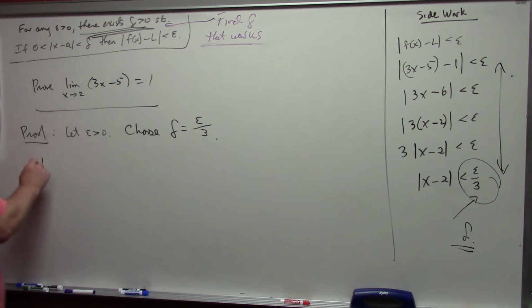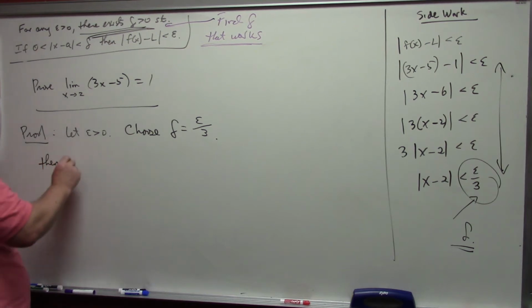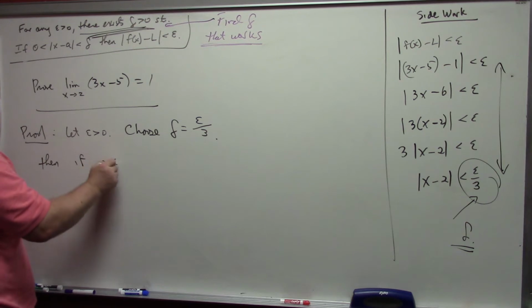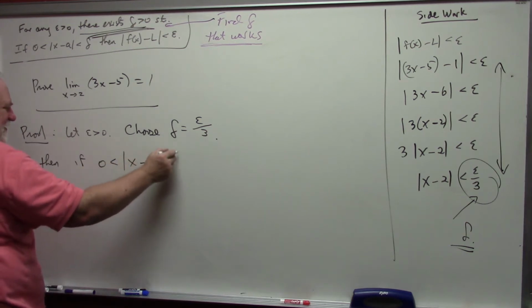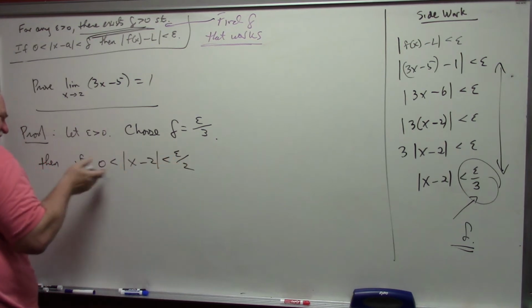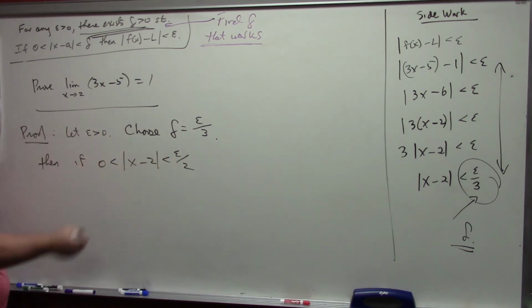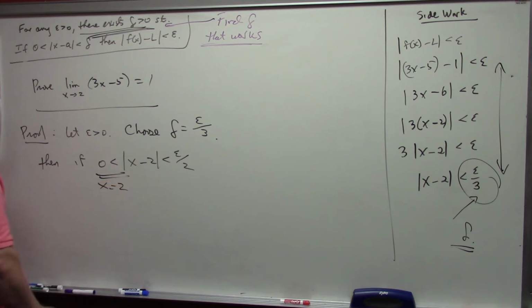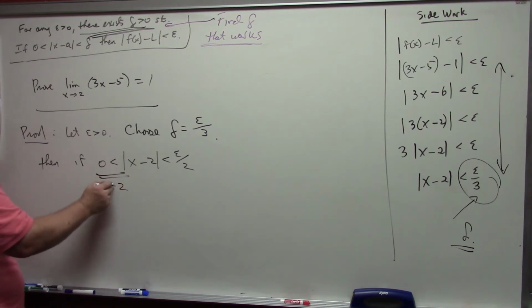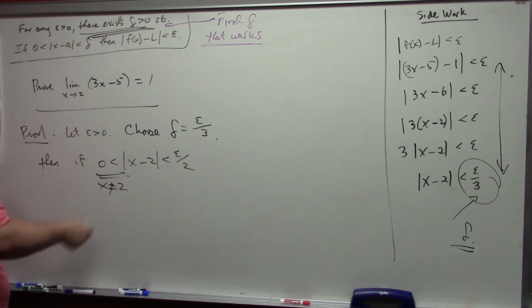Then, again, this is an if-then statement: if 0 is less than the absolute value of x minus 2 is less than epsilon over 3. And I'm going to drop the 0 less than part. Remember, this just means that x is not equal to 2. So we can drop this as long as we remember x is not equal to 2. That's all that part means.